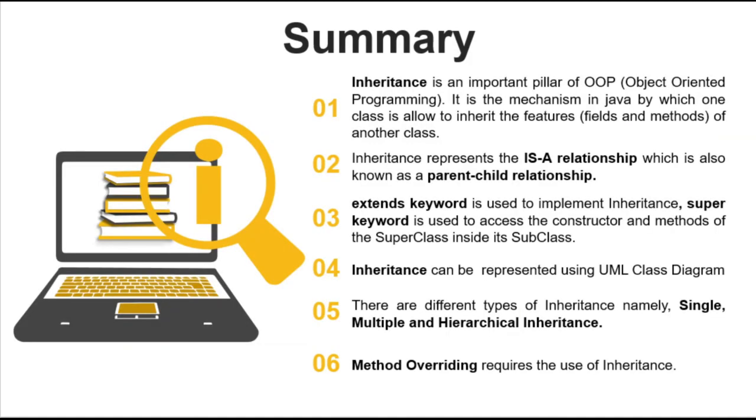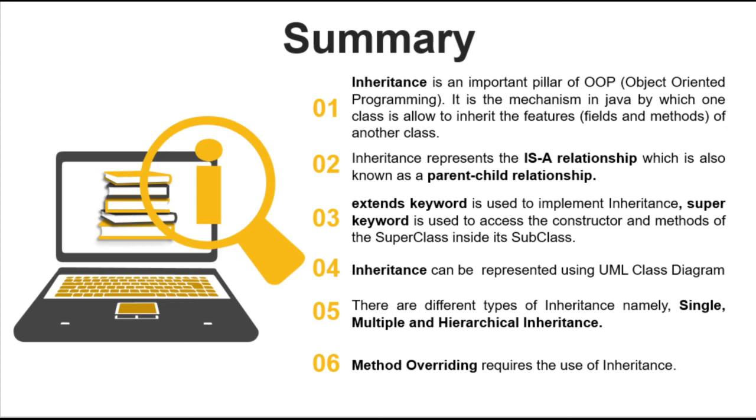In summary, we could say that inheritance is an important pillar of OOP. It is the mechanism in Java by which one class is allowed to inherit the features, or the class fields and methods, of another class. Inheritance represents the is-a relationship, which is also known as a parent-child relationship.